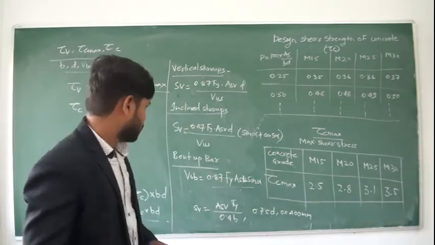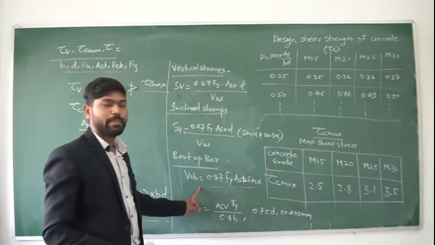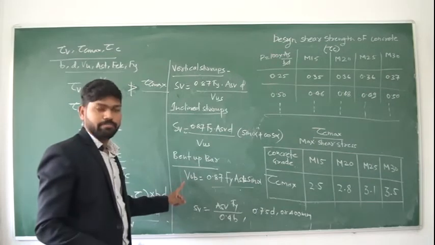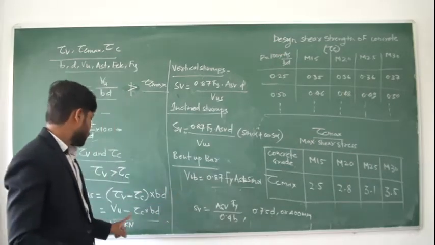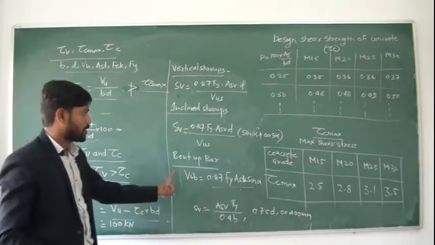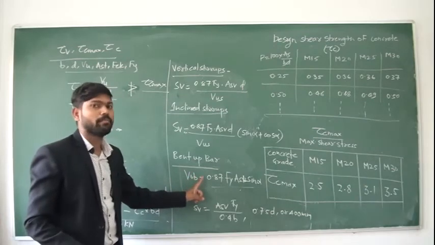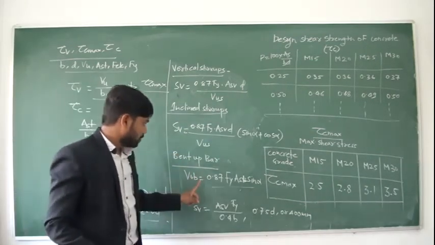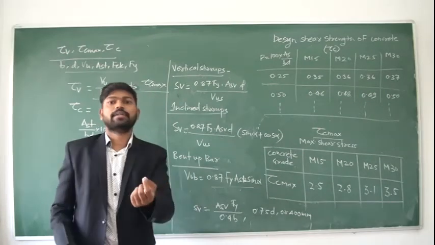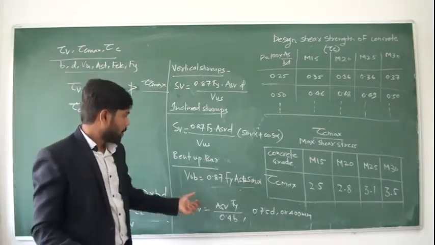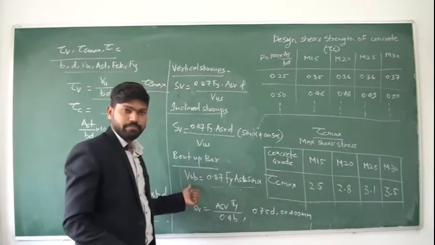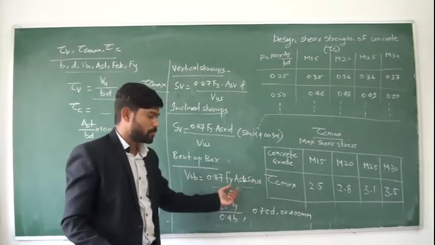So in that case, first of all, you have to select the diameter of the bent up bar and calculate VUB. Means once you calculate this VUS, don't go straight to the vertical stirrup calculation first. Suppose you have selected a 20 mm diameter bent up bar and 45 is the angle of bend. You have to calculate this VUB by substituting all the relevant information.